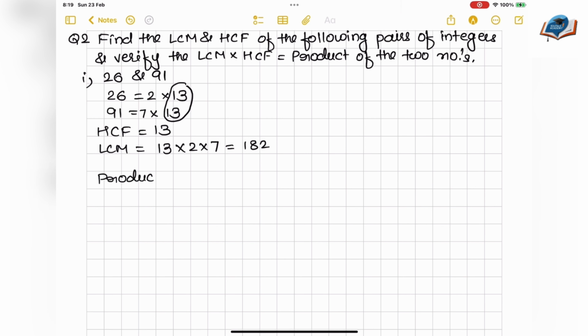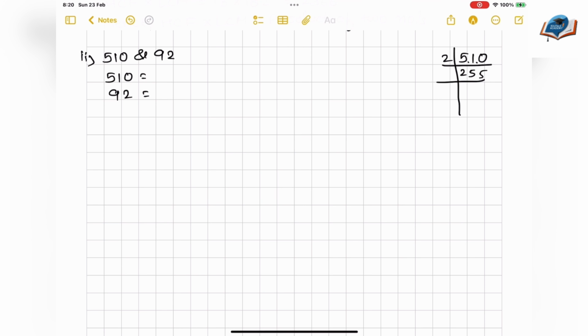Now the second one, it says 510 and 92. First, the prime factorization of 510: 2 fives are 10, 5 ones are 5, 17 and 17.